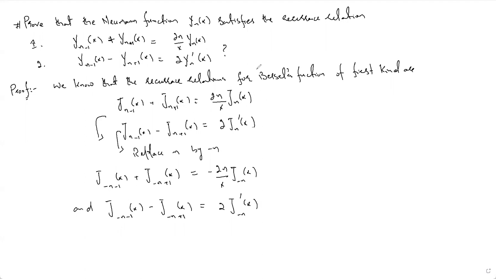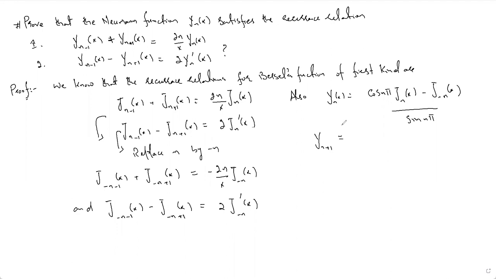Also, from the last lecture, we know that the Neumann function Yn of x is given by cos of n pi Jn of x minus J minus n of x, divided by sine of n pi. So I can obtain Yn plus 1 and Yn minus 1 from this very equation. What is Yn plus 1?